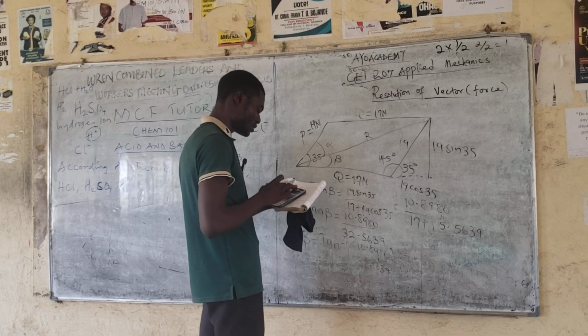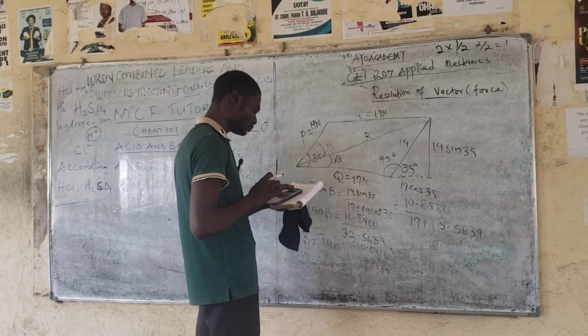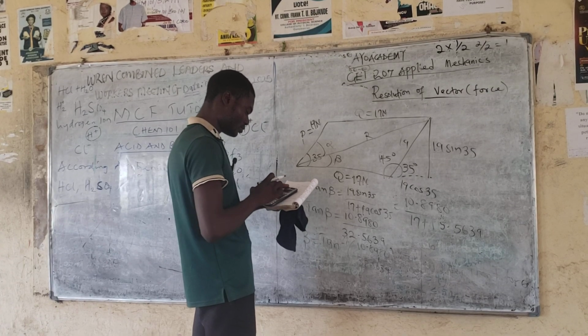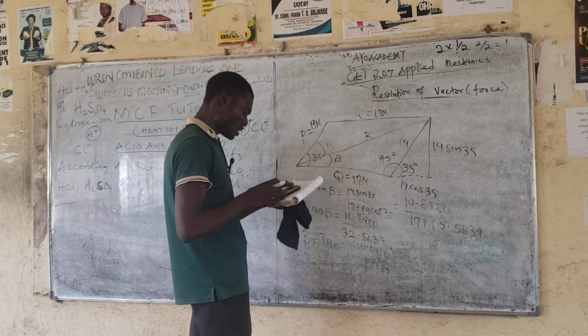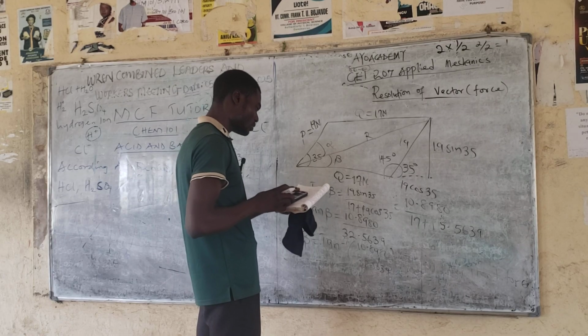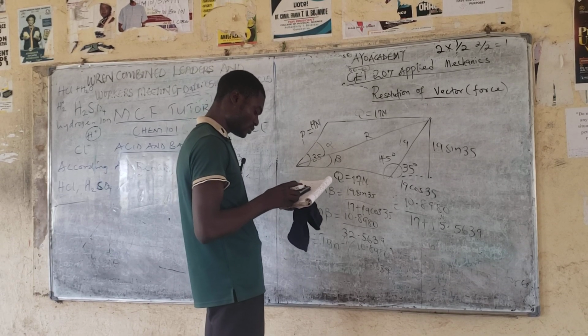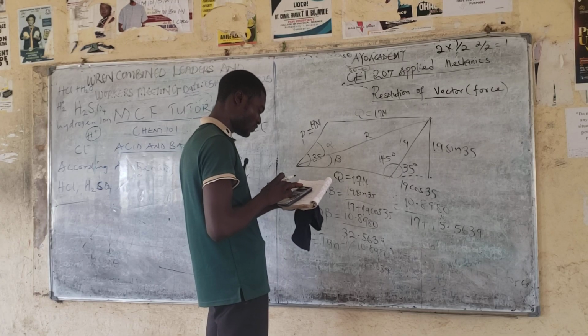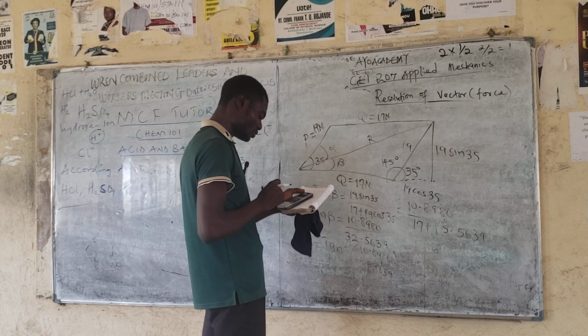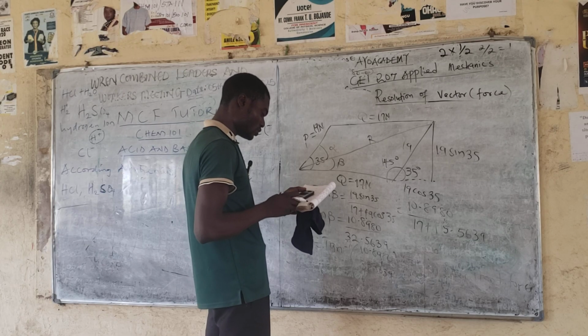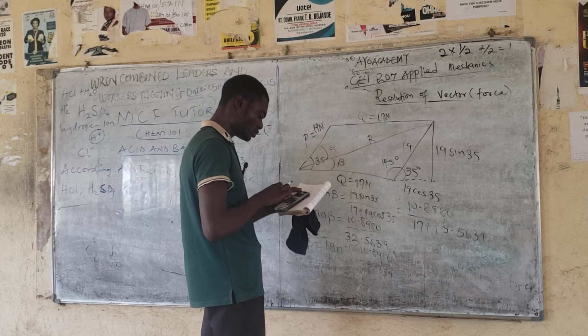All right. So we have 10.8980 divided by 32.5639.